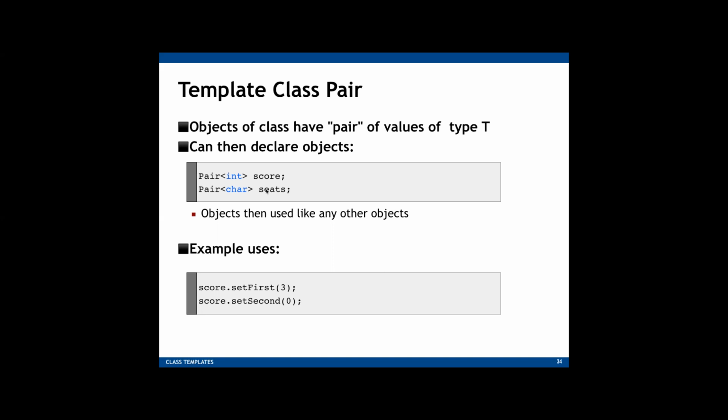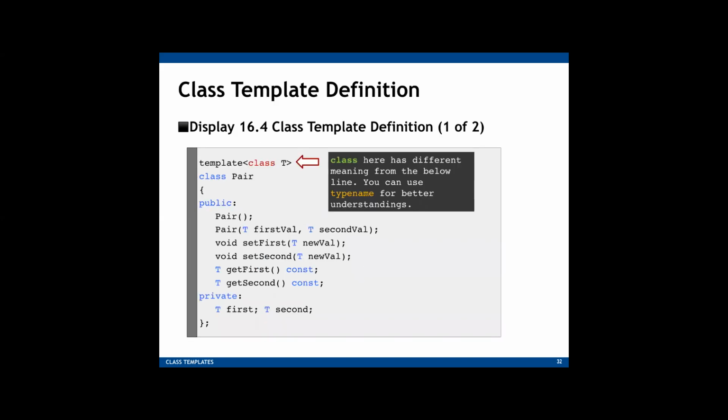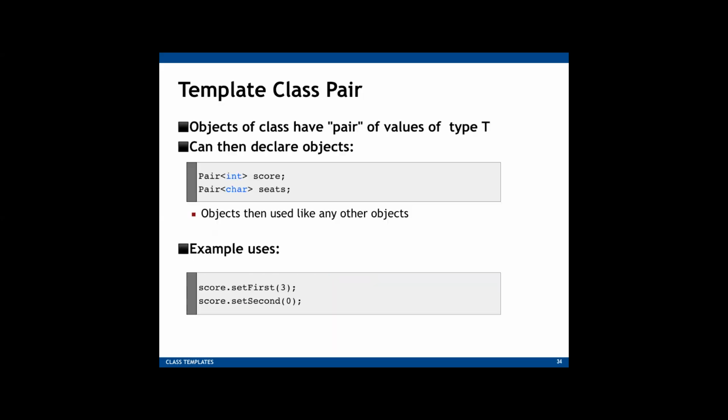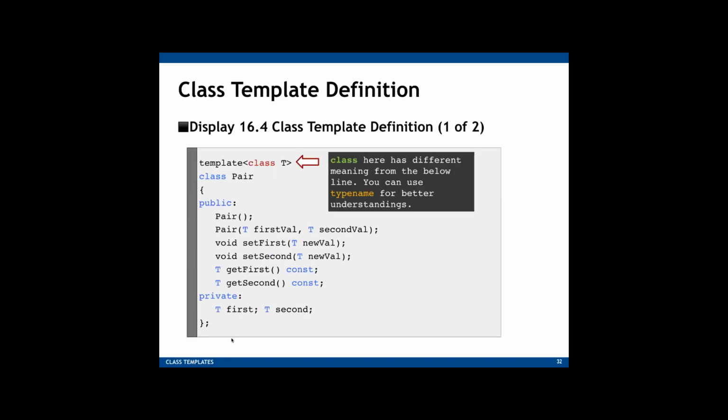So if we go back a few slides, this pair class has two member variables of type T. T is a type parameter. By putting this int here, this T is changed to int.